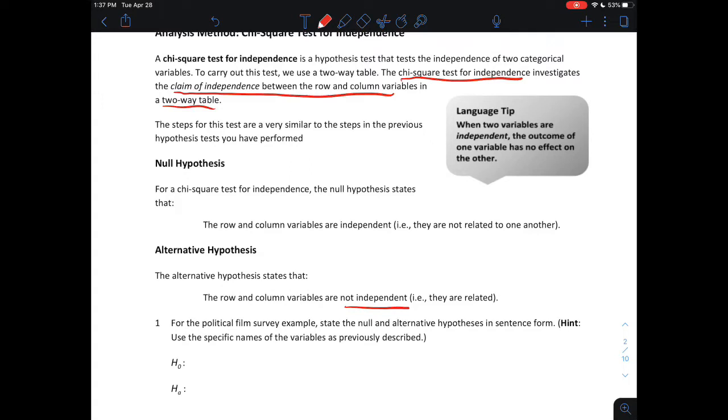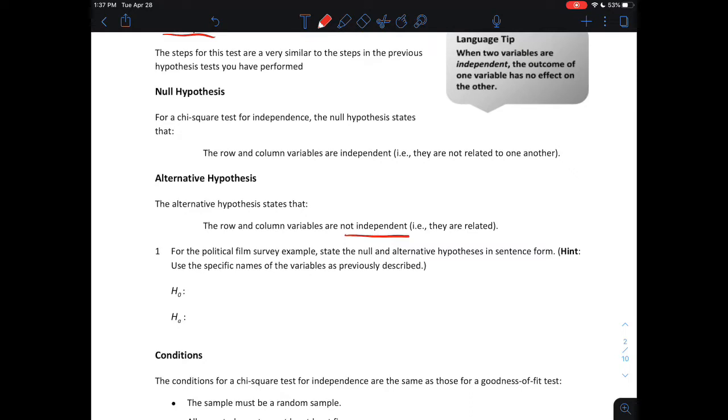Number 1, for the political film survey example, state the null and alternative hypotheses in sentence form. Hint, use the specific names of the variables as previously described. So we don't want to just say the row and column variables are independent. We want to actually say what are the variables. So the row variable is political affiliation. So we can say political affiliation.